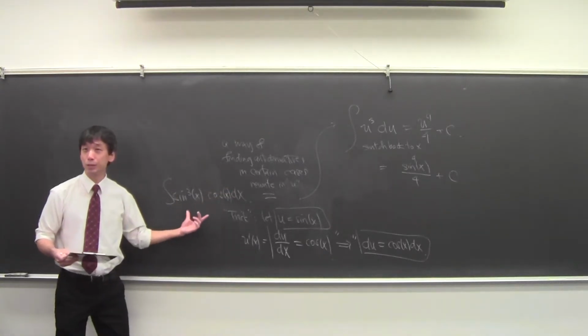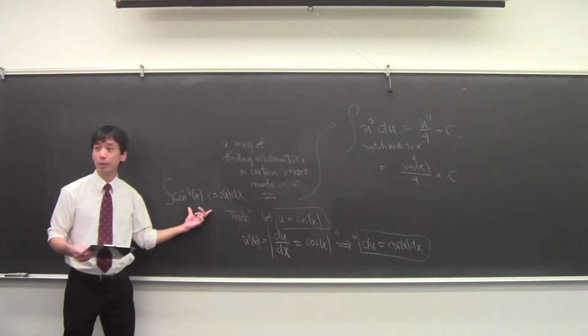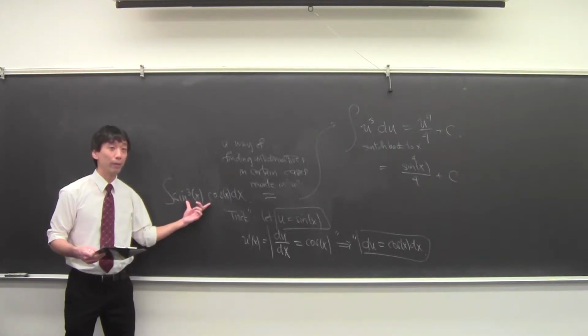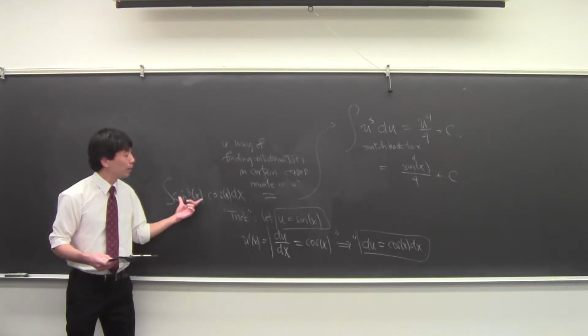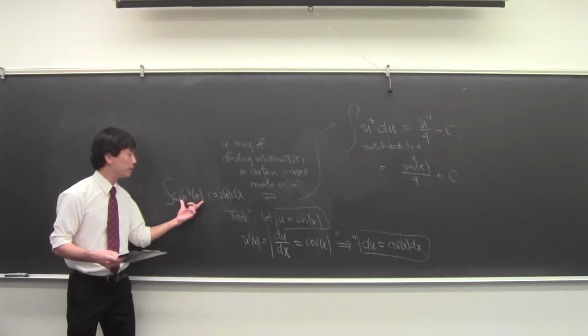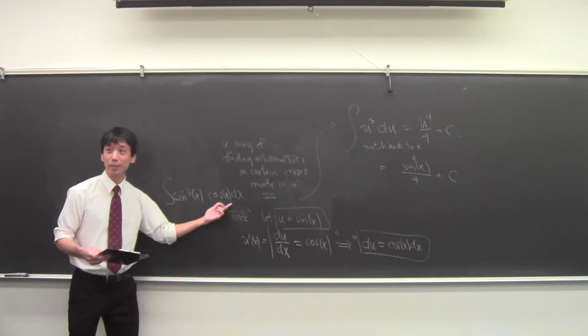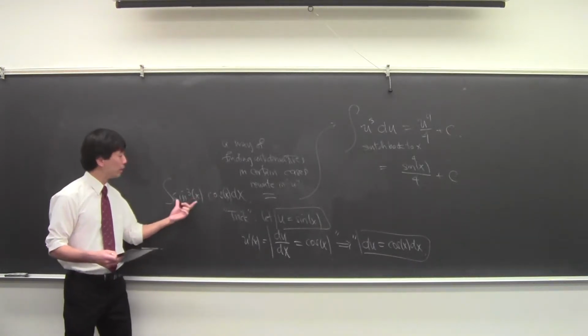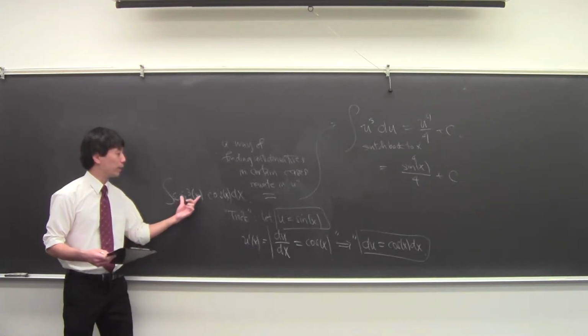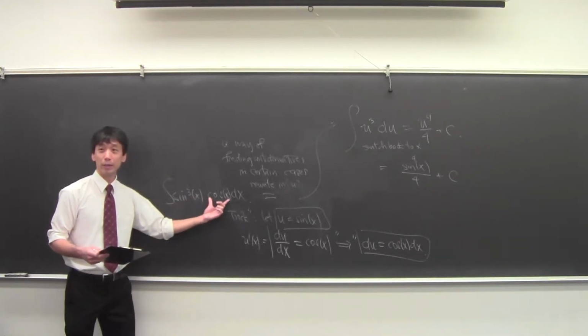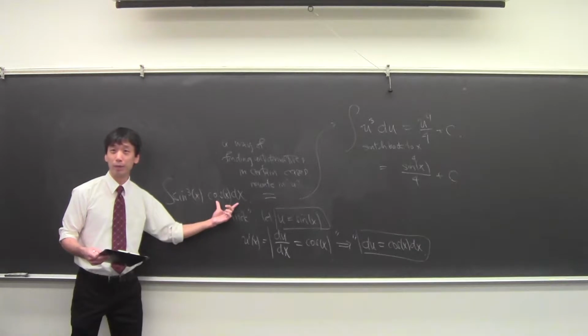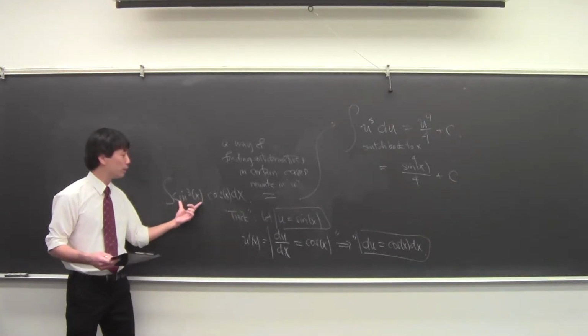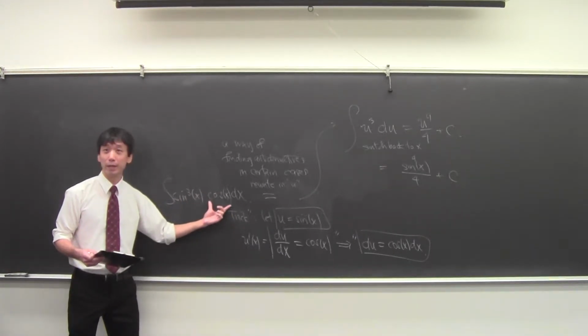We had to choose something that we called u. The way we chose our u was we looked at it and asked, is there something that we have the derivative of here? The sine works, and we have the derivative of sine, so that'll give us the du that we're looking for. We take our u to be something whose derivative is in there.